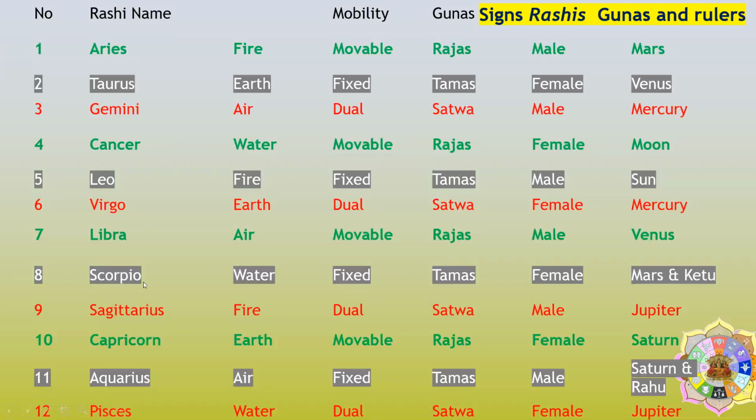But right now we'll just focus on the Gunas and the fixity. It is of course a water sign, and it is fixed. Again, it is Tamas by nature, and it is an even sign. And this is again going to be very different. Its ruler is Mars, Mangal, and Ketu.